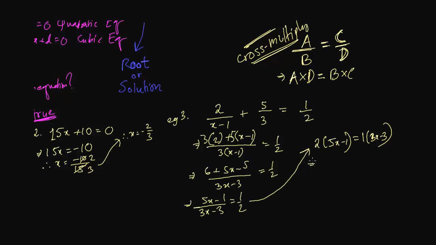So this will be 10x minus 2, and this would be 3x minus 3. Let's bring all the x on one side: 10x minus 3x, and all the numbers on the other side, so minus 3 plus 2. This would be 7x, and this would be minus 1, since 2 minus 3 is minus 1. So we are now in this single format. We can find x equals minus 1 by 7.